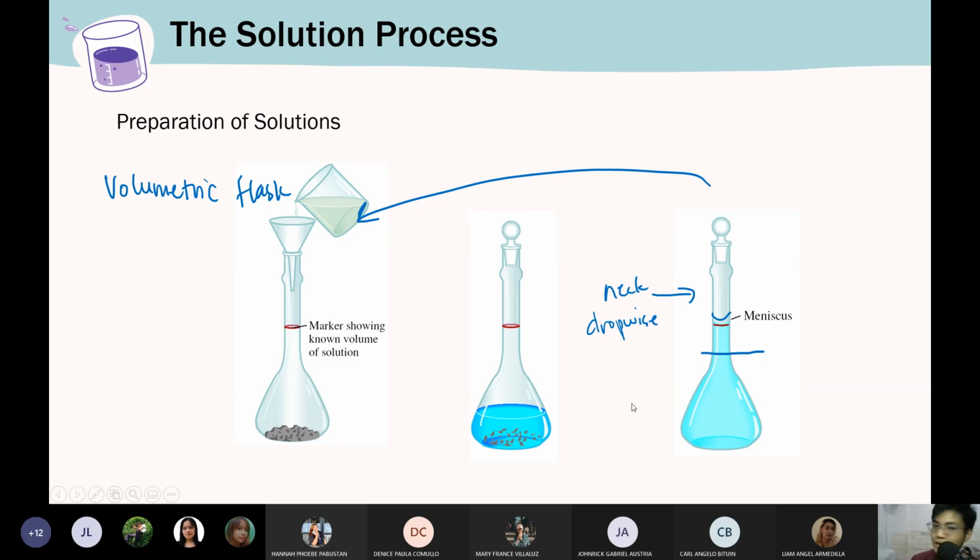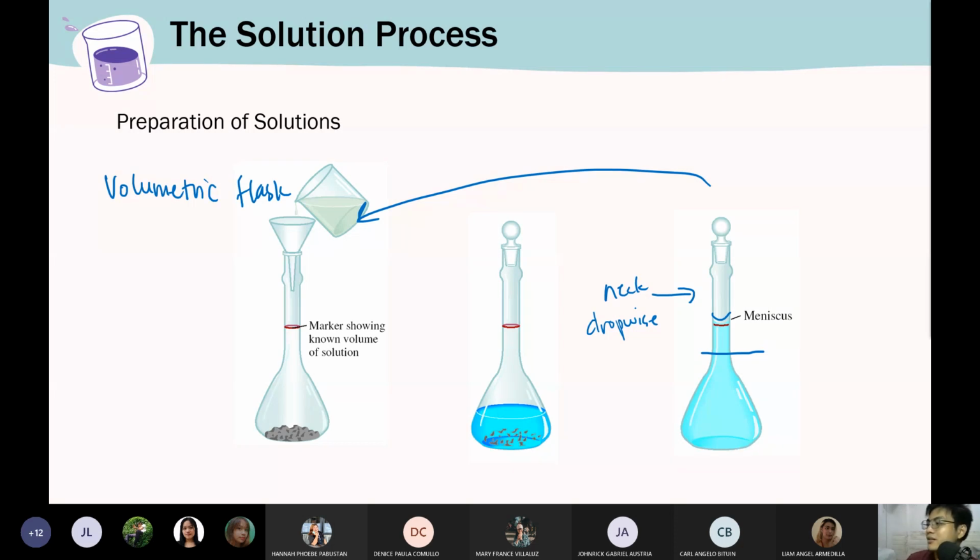Okay? Ayan. So, basically, that's the first part of our lesson. It just has something to do with solutions. How we define solutions, what are the components of the solutions, how do we even make a solution based on the intermolecular forces of attraction, and how do we prepare solutions.